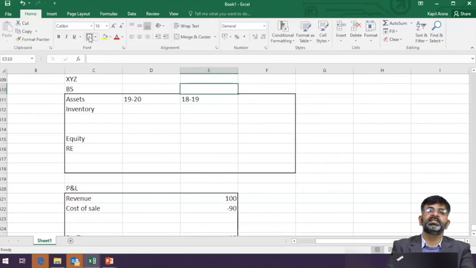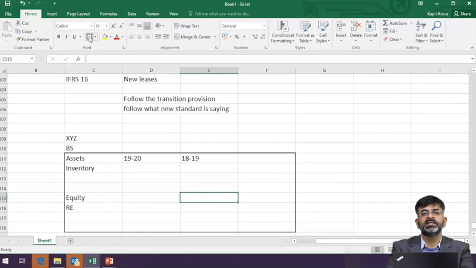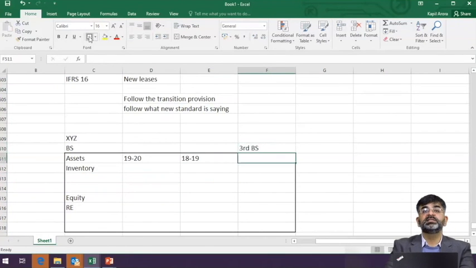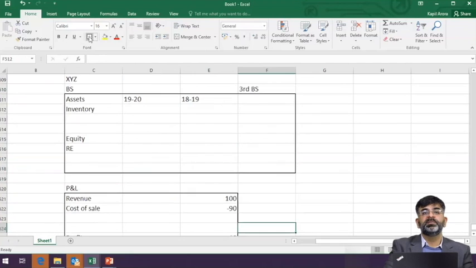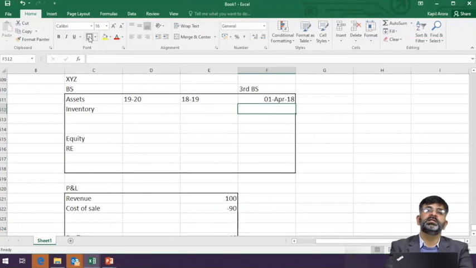Now whenever we change the accounting policy, what happens? We create a third balance sheet. We do not create a third P&L. We just create a third balance sheet of 1st April 18, which is the opening of the previous year presented.